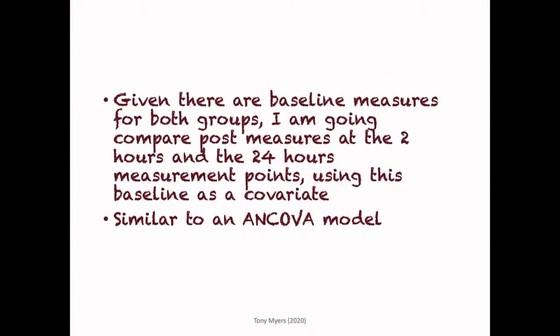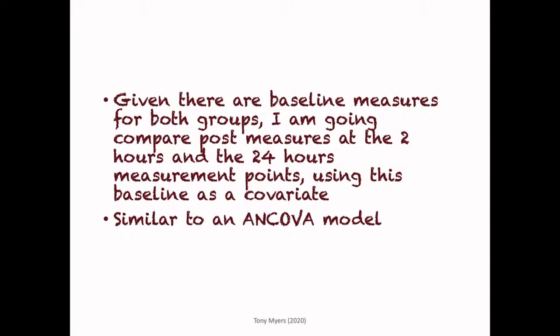Like in all data analysis, a number of subjective decisions need to be made. For the overall model, even though I'm going to change things like the response distribution and different prior information, given I've got baseline measures for both groups, I'm going to compare post measures at the 2-hour and 24-hour measurement points using baseline as a covariate.